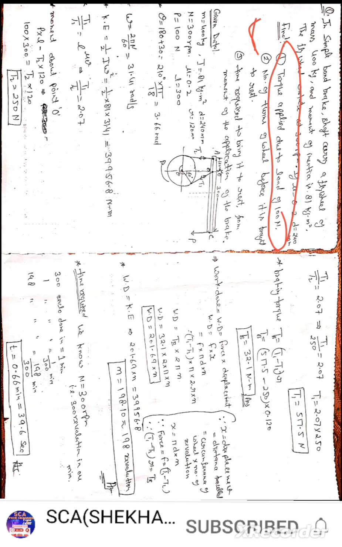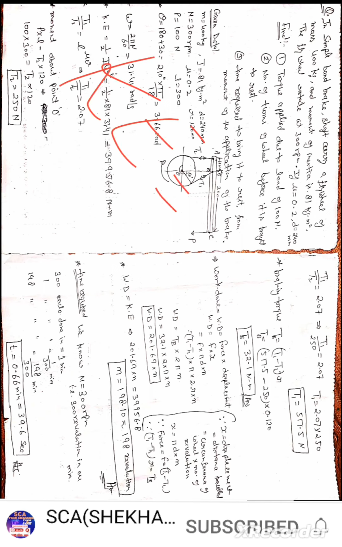So in this case, a flywheel carried on a shaft has a mass of 400 kg and a moment of inertia of 81 kg meter square. We know the formula of kinetic energy is half m v square.